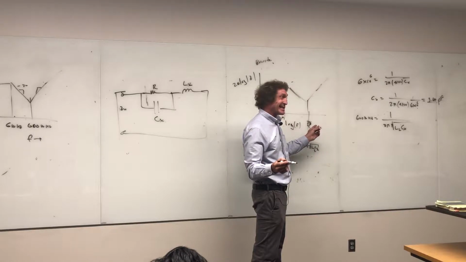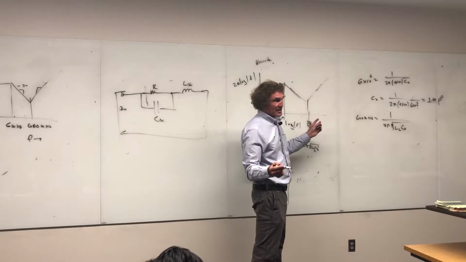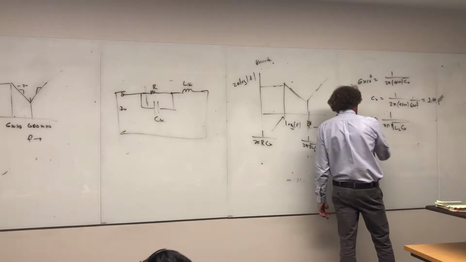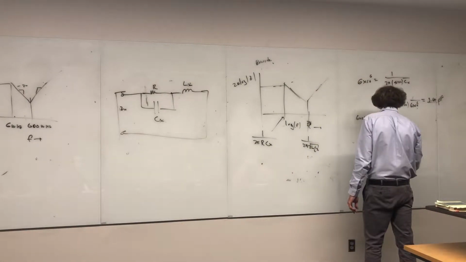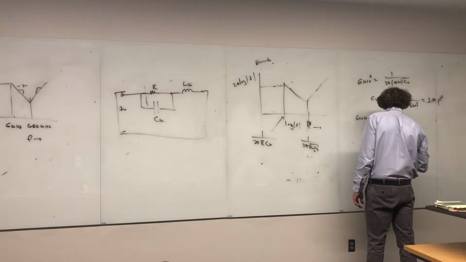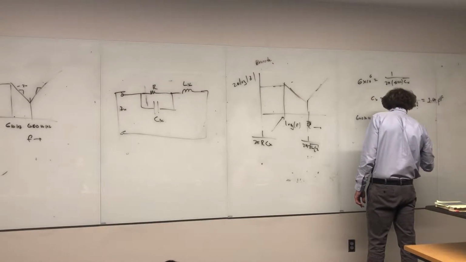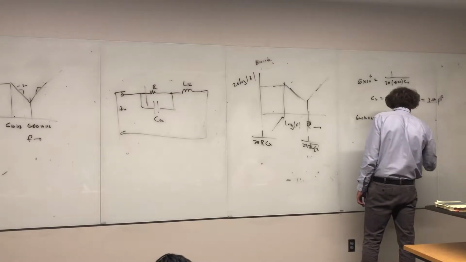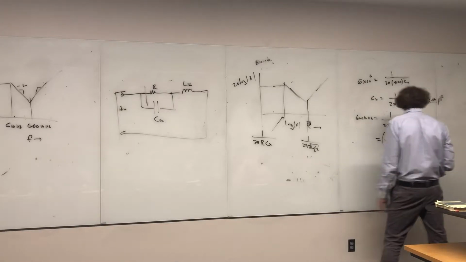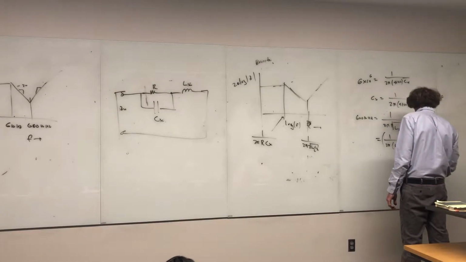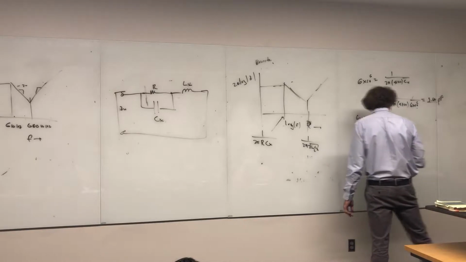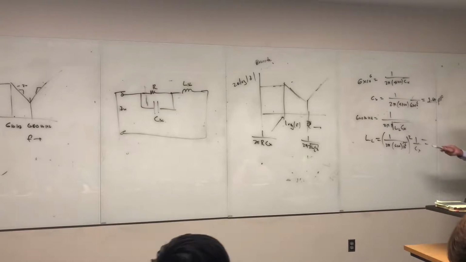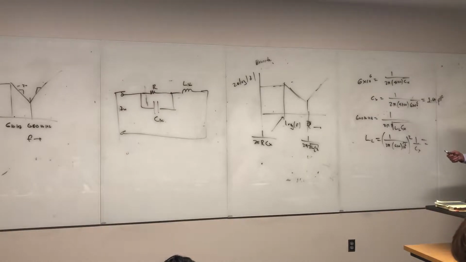I take the square root of LC on this side, divide by 600 megahertz, so I have 1 over 2 pi times 600 times 10 to the 6th. Then I have the square root of LC, so I square everything. Take all this and square it, and then divide by C, and that would be L of the lead. So if you take 1 over 2 pi times 600 times 10 to the 6th, square it, and divide by the value of C, you're going to get L.